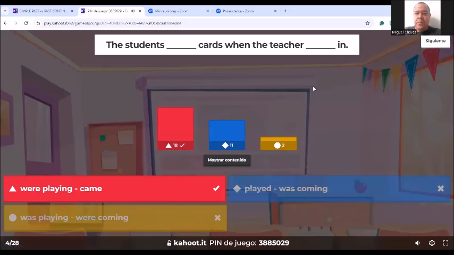The students were playing cards when the teacher came in.